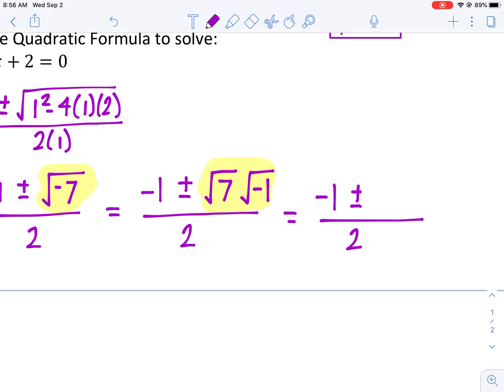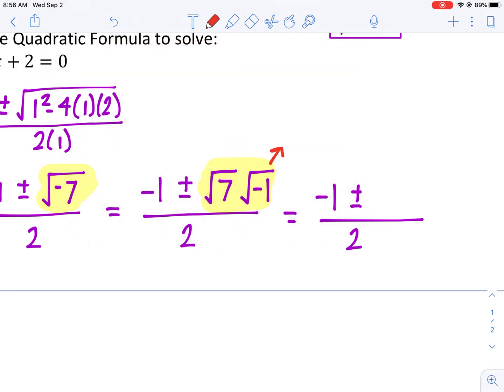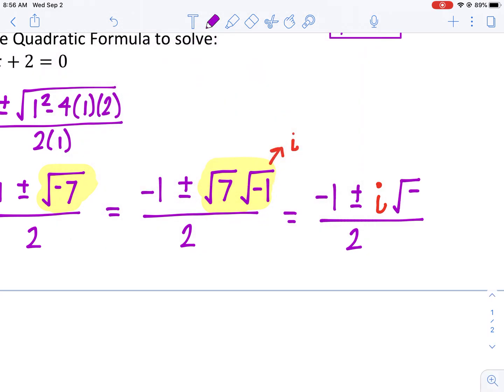The reason why I do that is because, again, nothing else changes over here. That root 7 will stay, but -1 under a square root actually simplifies to the letter i for imaginary. So you're going to get i times root 7.